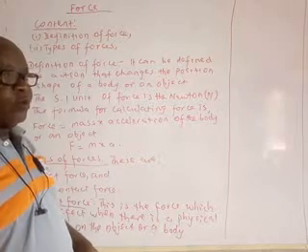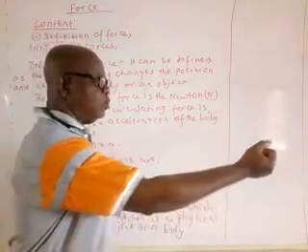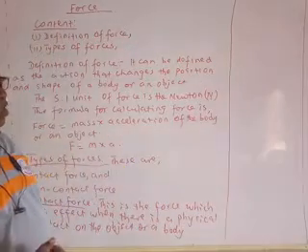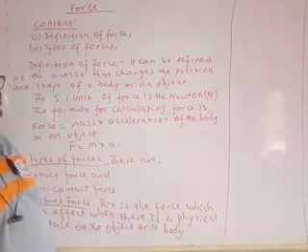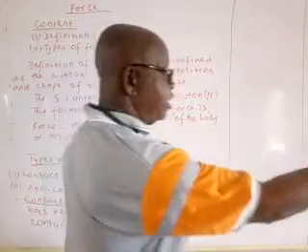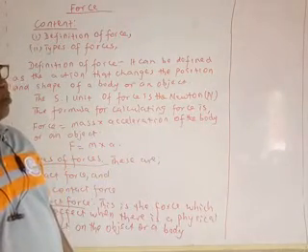The pull is when we pull a door; it is the force that pulls an object towards itself. For example, the pulling of a door is an example of a pull.